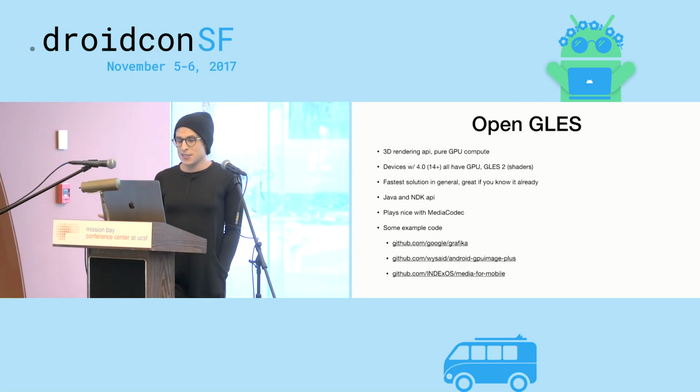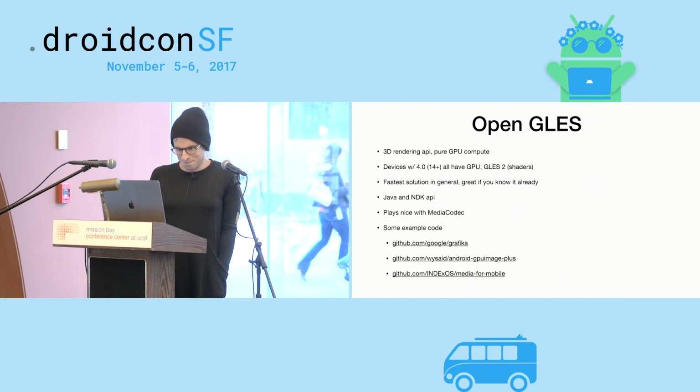Another one, OpenGL ES. This is pure GPU. We use this at VSCO, where we just rewrote our pipeline to use OpenGL for video in particular, mostly because it plays nicer with MediaCodec. This is a 3D rendering API.